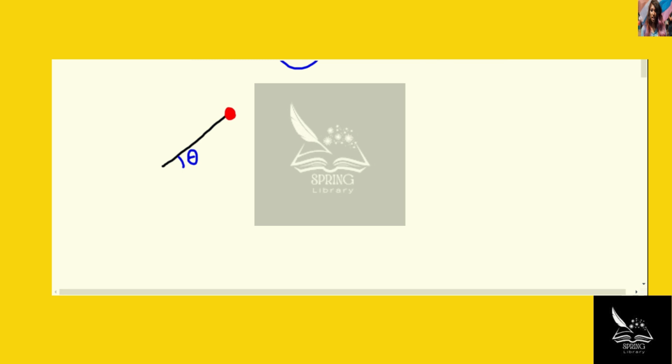Notice that the forces that act on the pendulum bob in this case are the gravitational force that acts downwards, and also the tension force that acts pointing to the center of the trajectory, that is in the direction of the string. Now notice that we can decompose this into two components.